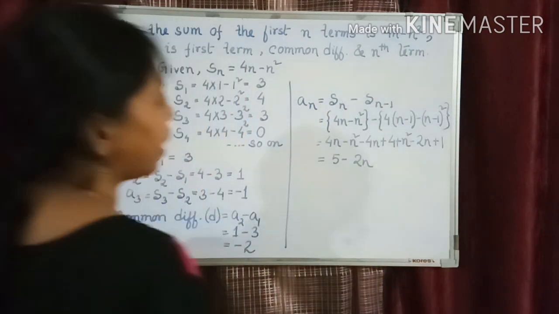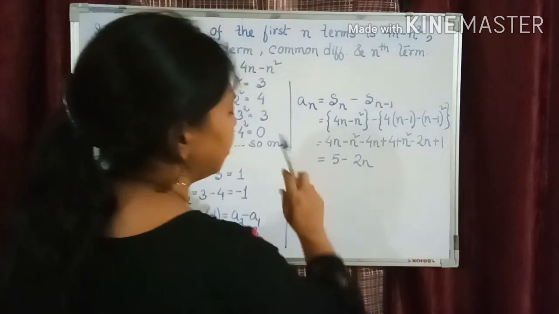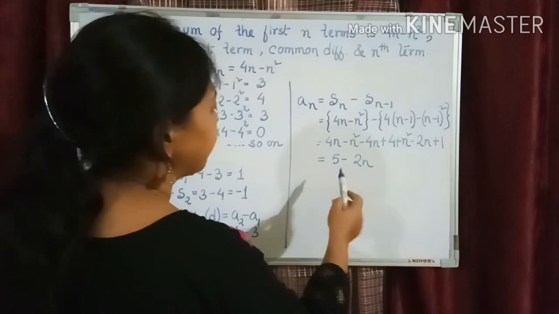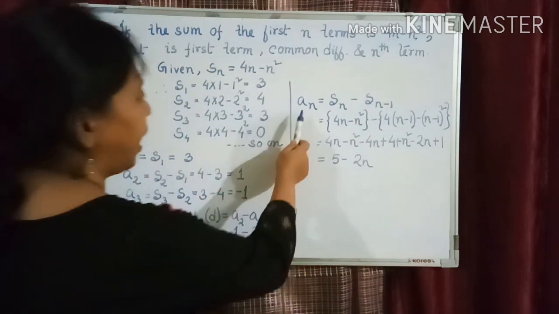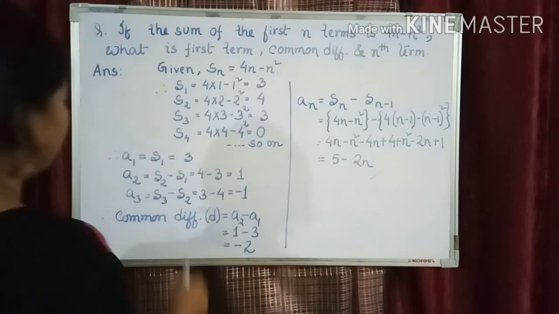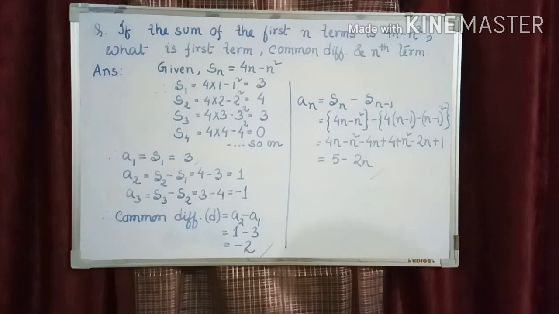When you simplify it, you will get this type of long expression. After simplification, you will get 5 minus twice n. So this is the answer. The nth term is 5 minus twice n. The first term is 3. The common difference is minus 2.